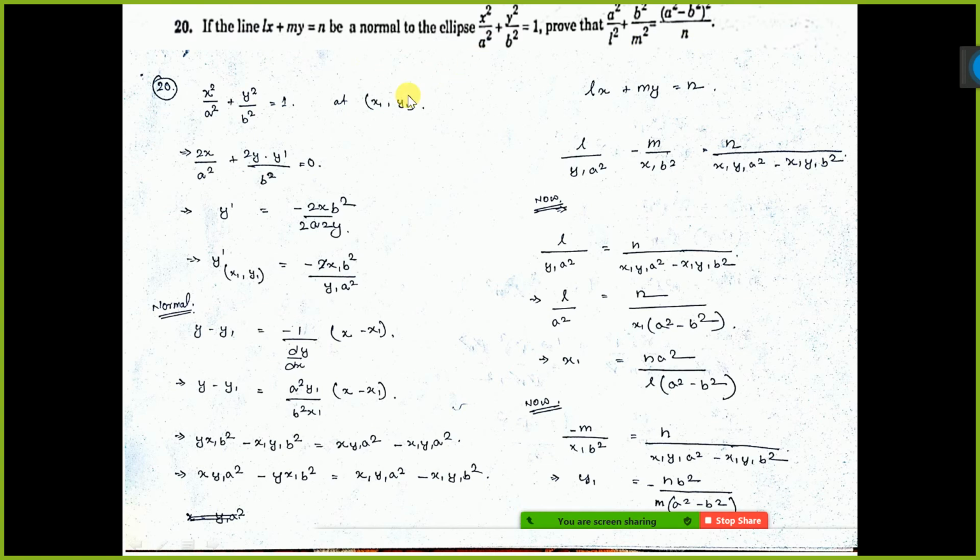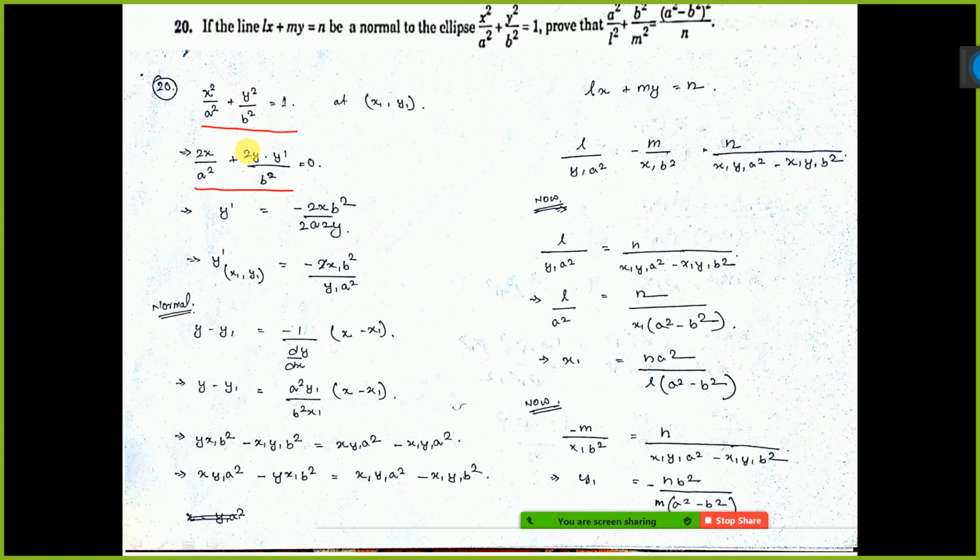So you copy the given one, x square by a square plus y square by b square equal to 1. This is an ellipse. Now if you differentiate, 1 by a square is constant, x square differentiation is 2x, and y square differentiation is 2y dy/dx, because y is considered as a function of x.